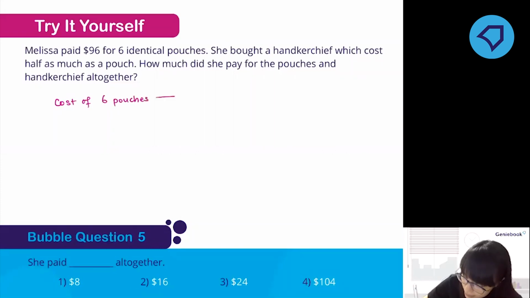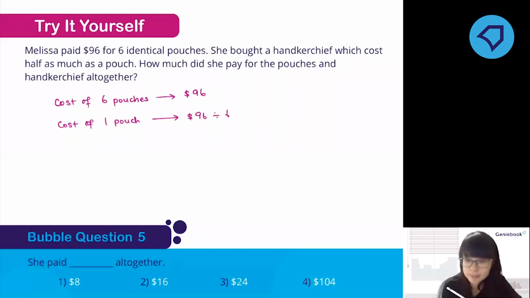So the first thing that we need to do is the cost of 6 pouches. Let me ignore the word identical. It is $96. So what you need to do is find the cost of 1 pouch. To find the cost of 1 pouch, you need to take $96 divided by 6. You guys get that, right? And then this will be your answer.